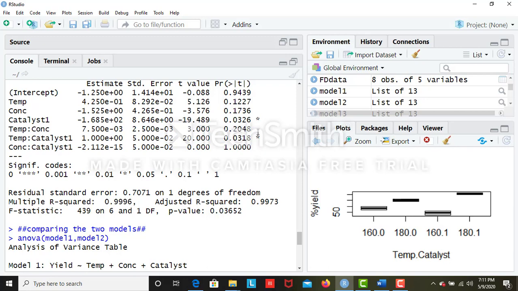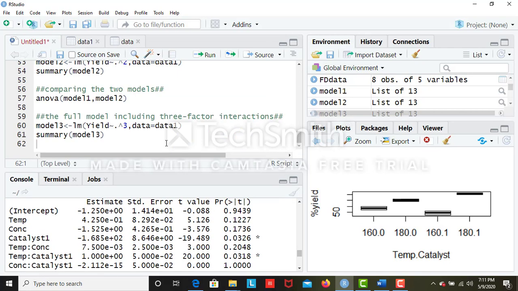So I'm going to build a different model which has only these two as the explanatory variables and see how it looks. So I'm going to call that model 4.